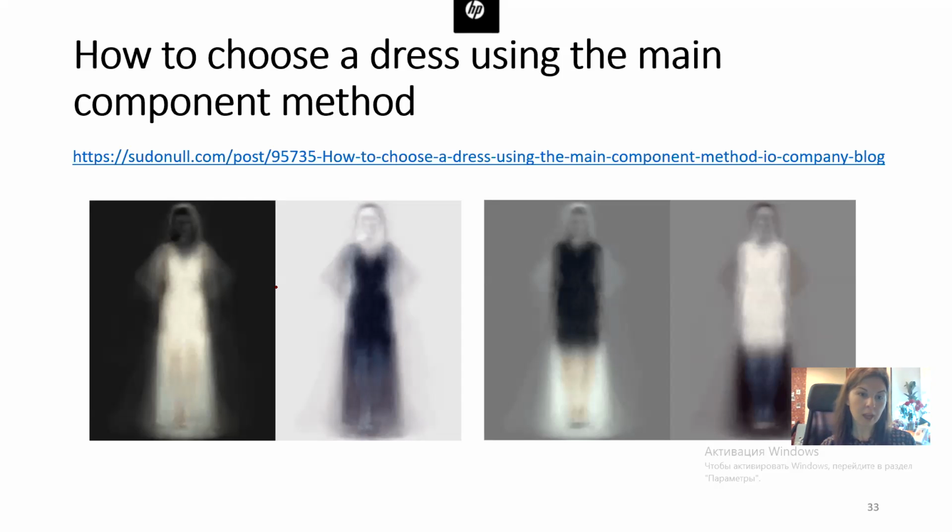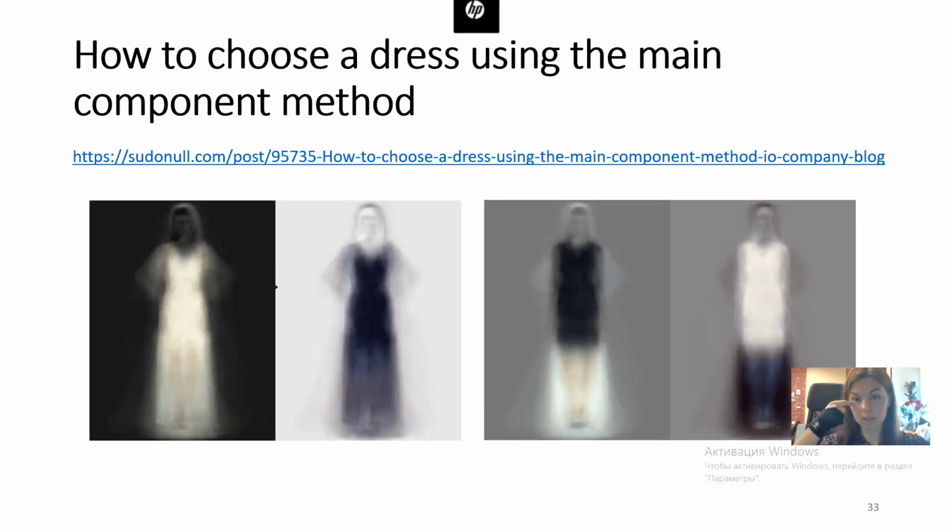It's a picture, also a 2D image, and of course it's better to reduce the size of this image to make performance faster and easier. You may select features or principal components of this image and represent your image using these principal components.